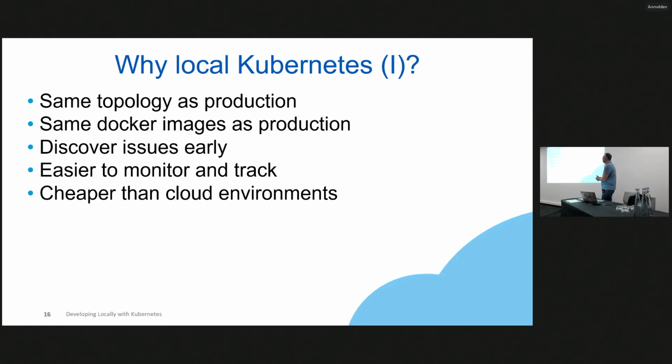So it's much more similar, same images, same possibly YAML files you use in production. Of course, different secrets, different configuration, but everything else is similar. So it has a lot of advantages, a lot of tools for Kubernetes these days.